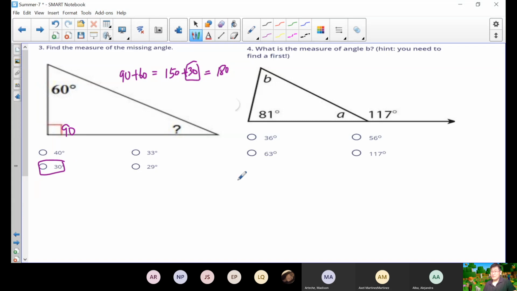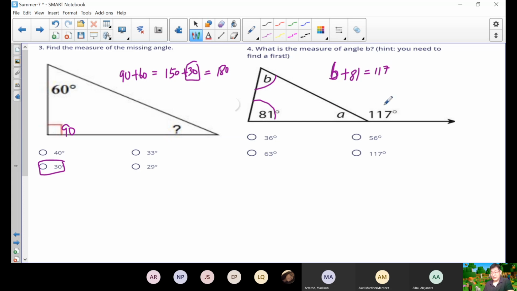Now, we're looking for the measure of angle B. You need to find A first? No, I don't think so. You can do that, or you can do it a different way. You know that adding these two interior angles is equal to the exterior angle, 117, right? B plus 81 is 117.